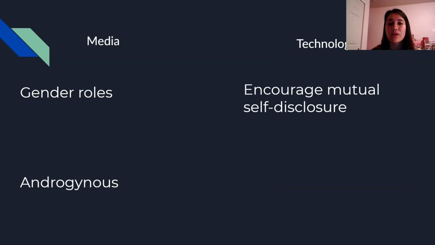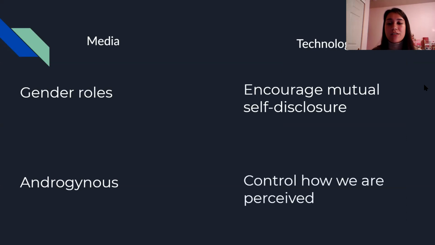Online social networks make it possible to develop a relationship, although it can also make the process difficult. There are pros and cons, but they do encourage mutual self-disclosure, and that does help build intimacy. And they also give users more control on how we are perceived, because you can hide behind a screen.